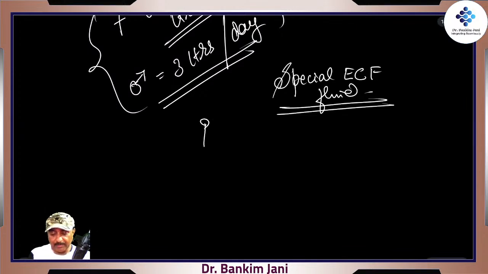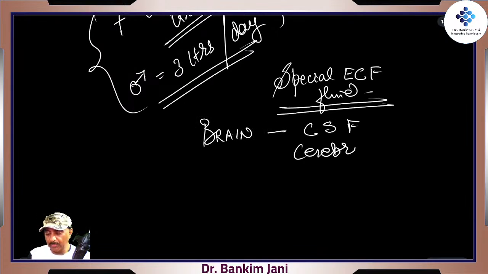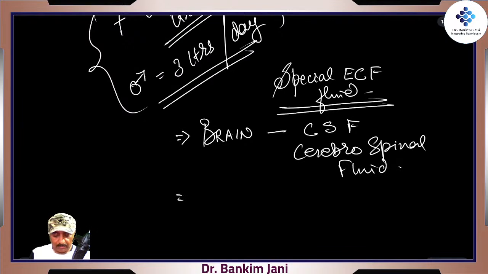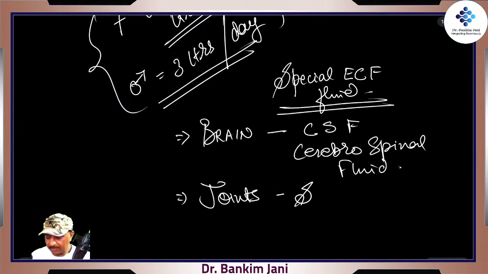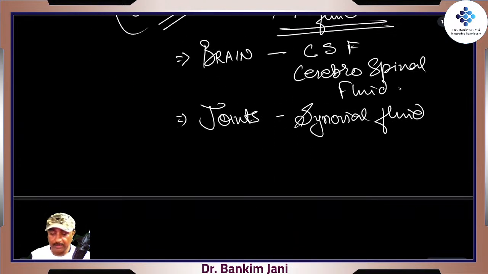For example, in case of the brain, you will find CSF, cerebrospinal fluid. Its function is protection and nutrition, it acts as a buffer, very vital. In case of joints, we have been telling since long, synovial fluid, which acts like a gearbox. Here its function is lubrication to prevent friction.